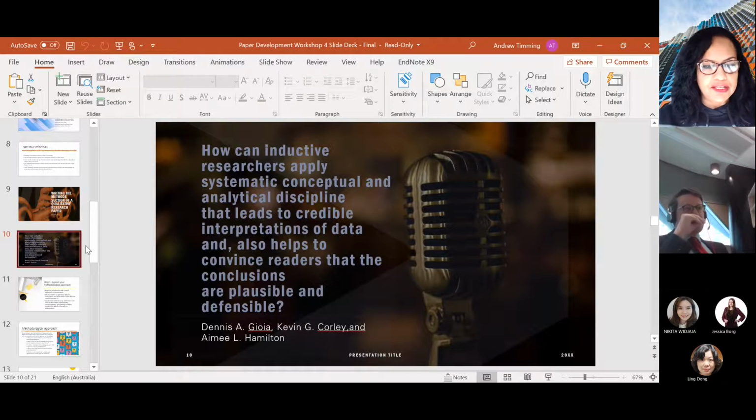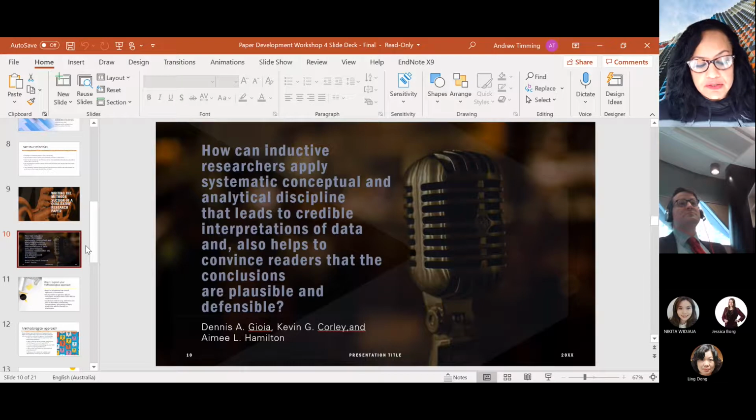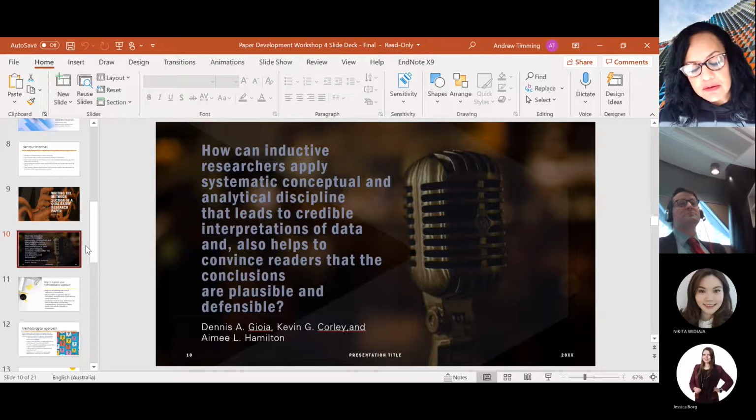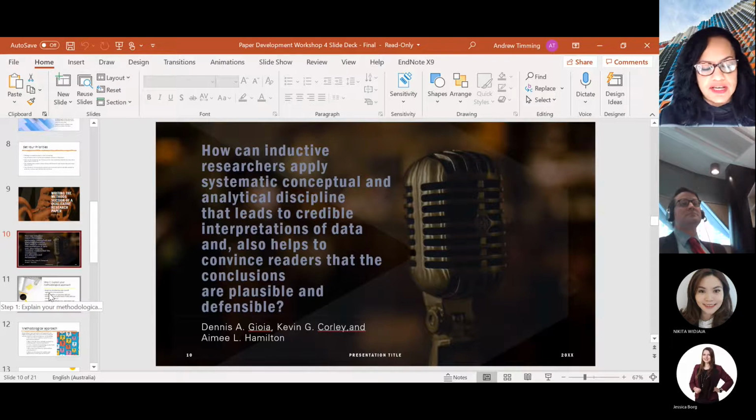So if you allow me to read through the quote, it says, "How can inductive researchers apply systematic, conceptual, and analytical discipline that leads to credible interpretations of data and also helps to convince readers that the conclusions are plausible and defensible?" And I think this quote captures the essence of a well-crafted method section of a qualitative paper.